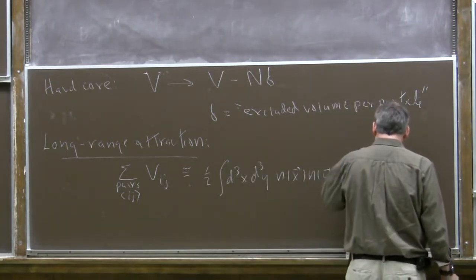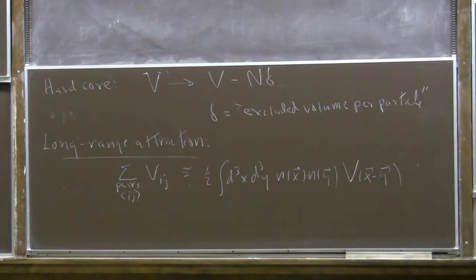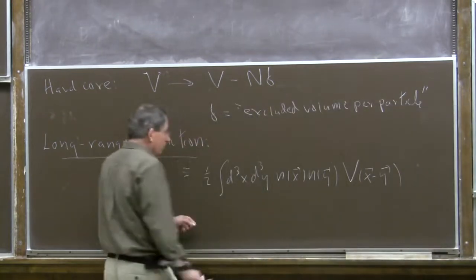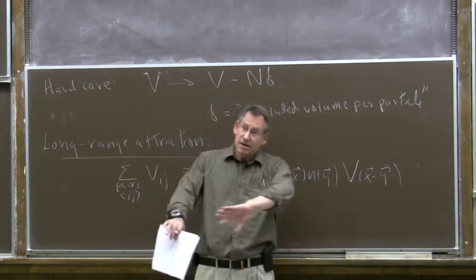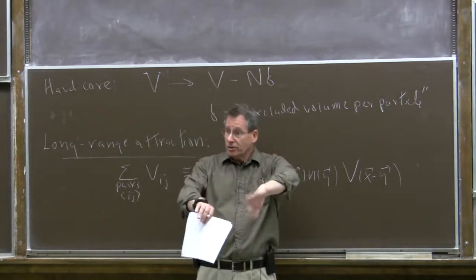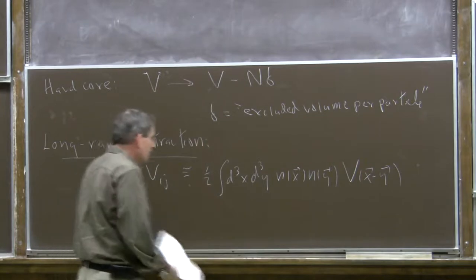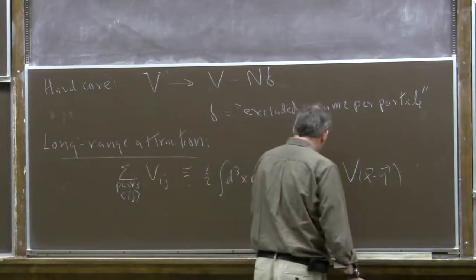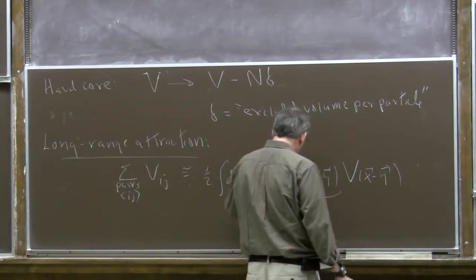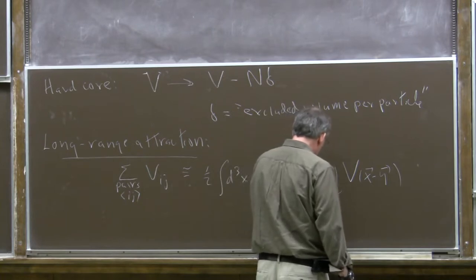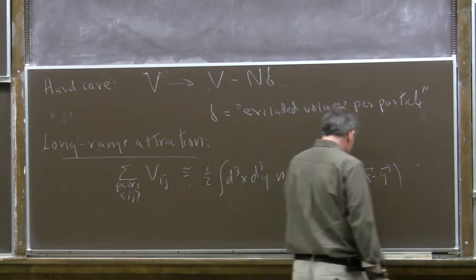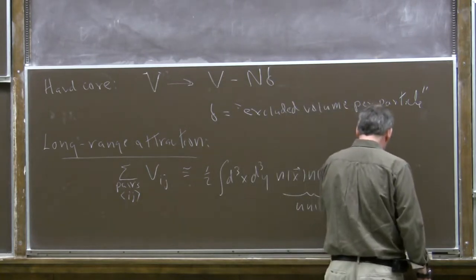Sorry, here V means potential energy, not volume, as a function of the separation, x minus y. And we'll imagine, although in reality the density can fluctuate, and those fluctuations are actually important, and we'll be talking about them more later, we'll consider the density to be uniform as a first approximation.